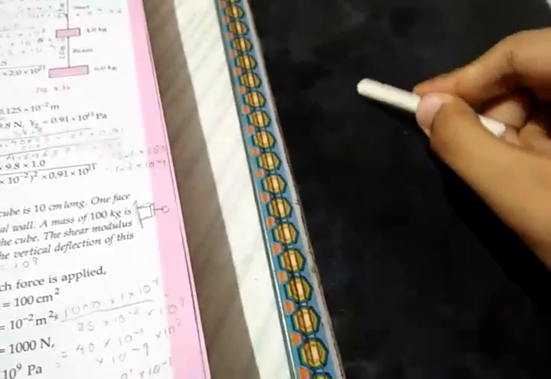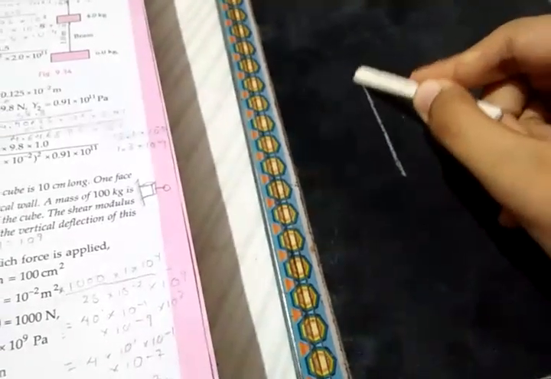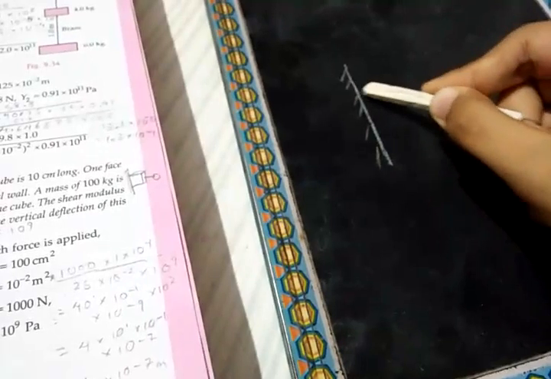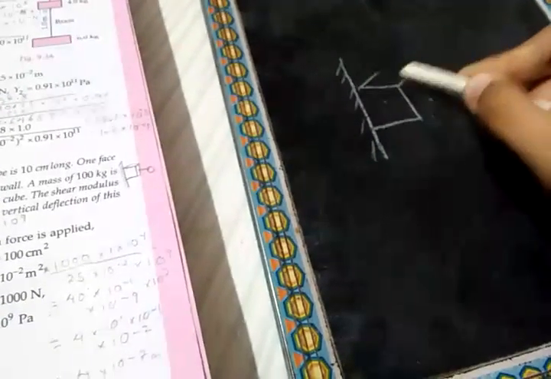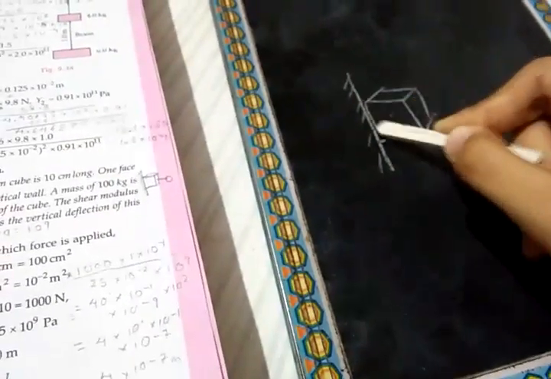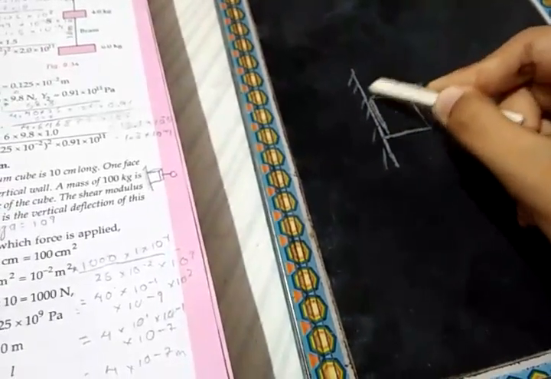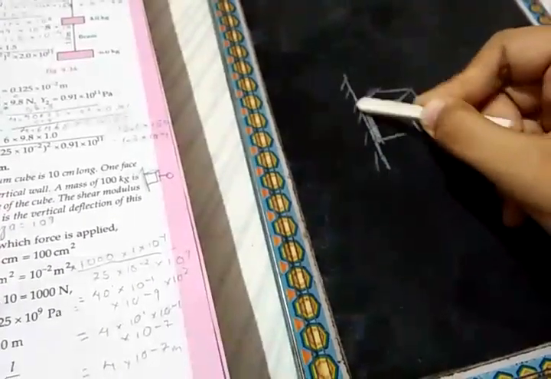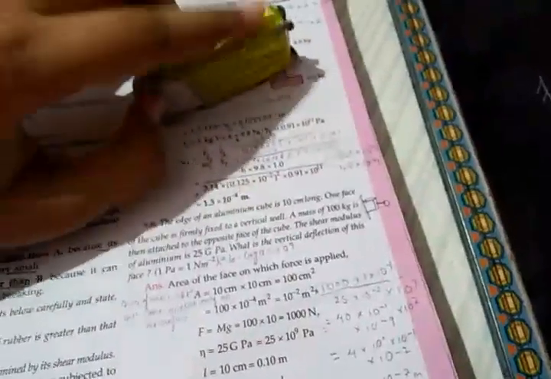Now see this, the edge of an aluminium cube. I will explain by a simple drawing. Here it's a wall, and from that wall a cube is attached, from this face only. If I say a cube, it's a cuboid, but consider this as a cube, so this face is attached on a wall.